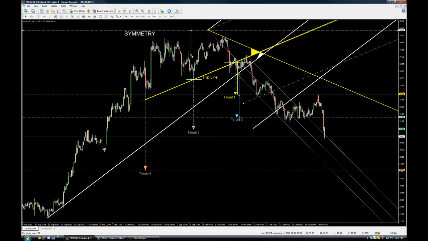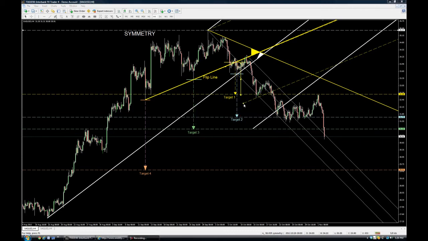Same principle here, where we take the distance from the swing high to where price previously found support here, then just flip it, and then we find our third target.